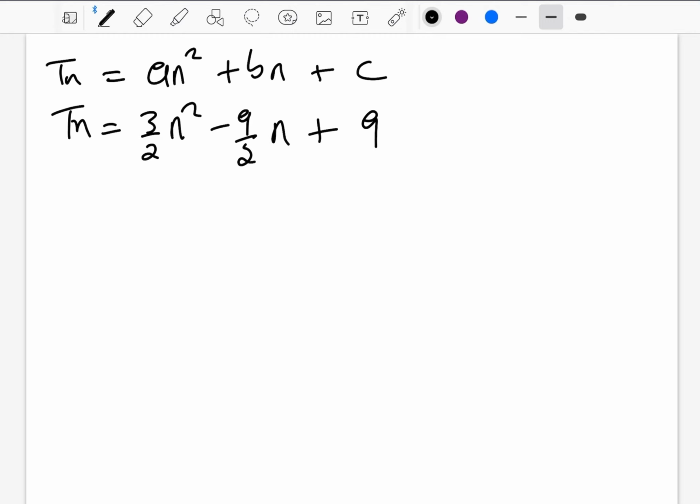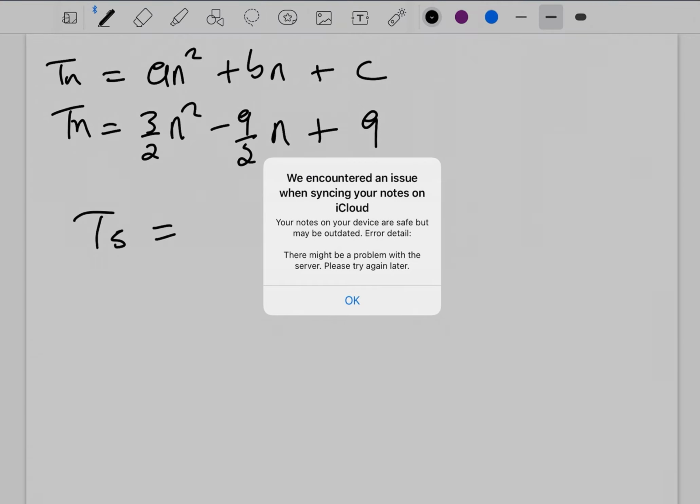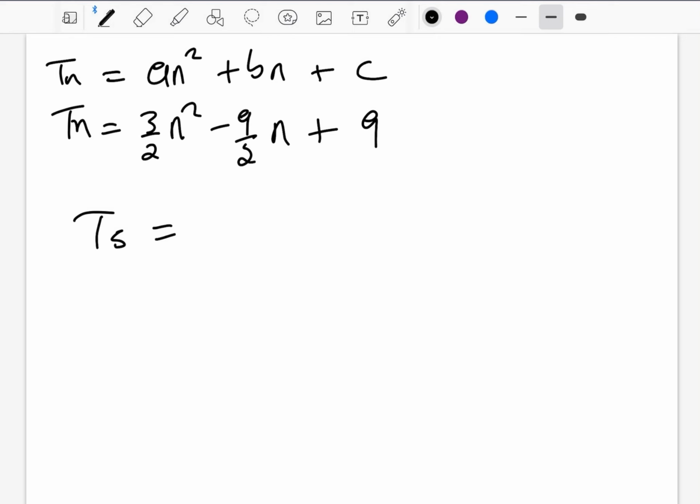And so I promised you another way to find T5. Okay. So now let's say you are given this formula, Tn is equal to 3 over 2 n squared minus 9 over 2 n plus 9. So what you can do is substitute where there's n, you just put 5.